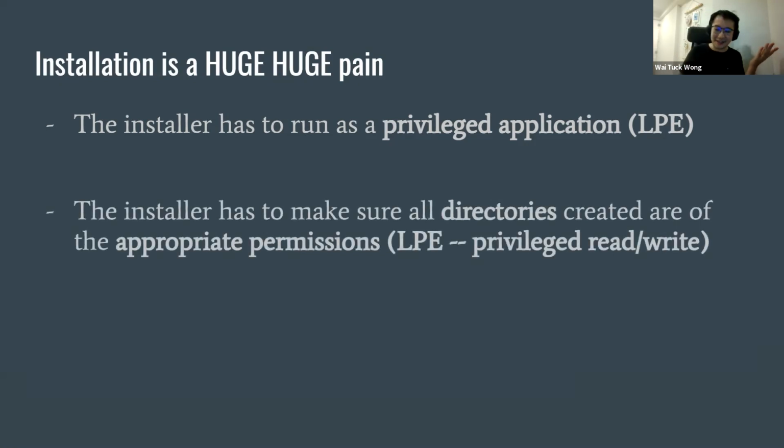Firstly, it needs to make sure that the directories I'm saving the files to are safe. No low privileged process or user can write to them or read from them. And making sure that all of these directories have the appropriate permissions at every single time is extremely difficult. And this is another opportunity for local privilege escalation as well, because in this time you possibly get a privileged write or privileged read.